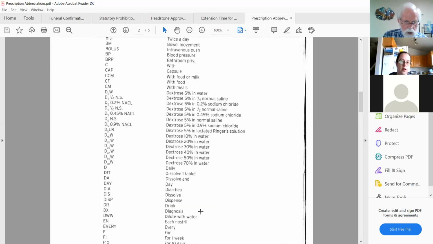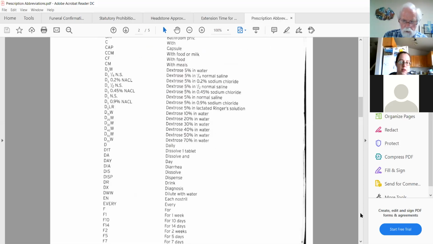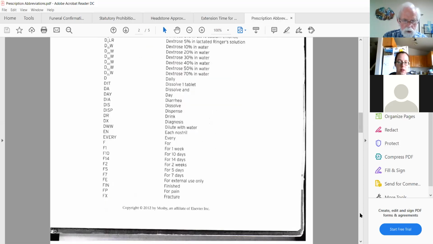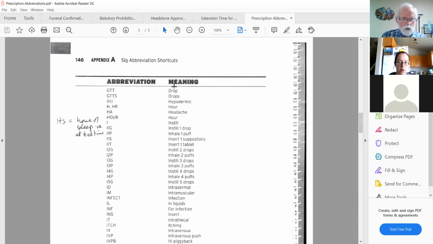So I want you to have this list, and if you see an abbreviation that you don't understand, just look it up. This is a very useful one. They've left a few things out, which I've added. And one thing is the abbreviation for drop should be GTT. We have that there. We should never see just G because that doesn't tell us what they mean. But occasionally it does get used.